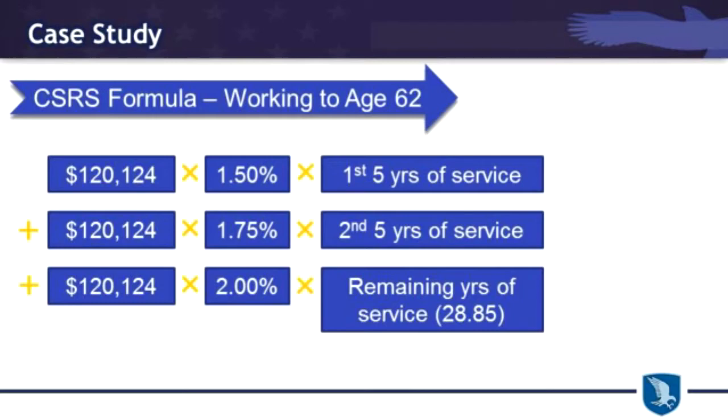Now, let's assume that you decided to work 1 more year. What we now see is only a difference in this bottom tier where we have an extra year of service, and the annuity is now $88,831.